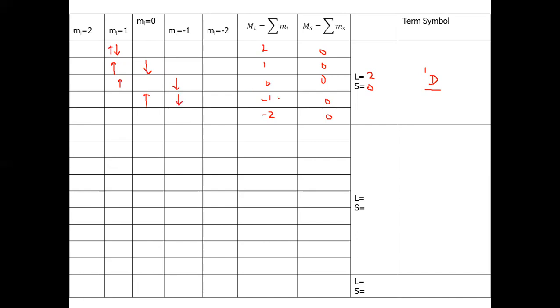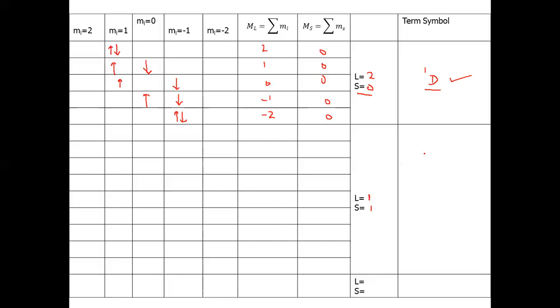So 0 minus 1, minus 1, half minus half is 0. Next we need minus 2, that means 2 electrons will be here. This is minus 2, 0. So these microstates can have L equal to 2, S equal to 0. So the state is 1D.